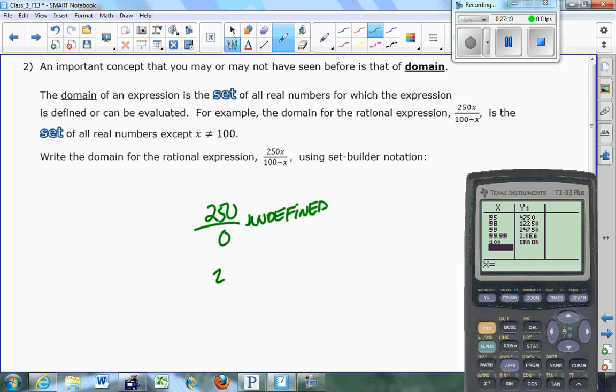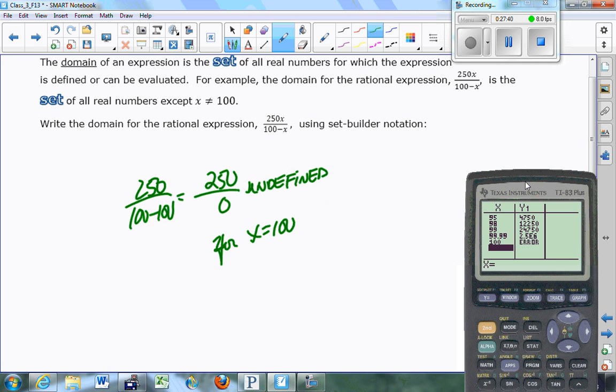And it's undefined for x equals 100 because 100 minus 100 gives us the 0. Any other number we put in here for x will give us a value, okay? So in this particular case, for this rational expression, the domain using set builder notation, not for the application now. The application with the percentage, we can't put negative percent in.